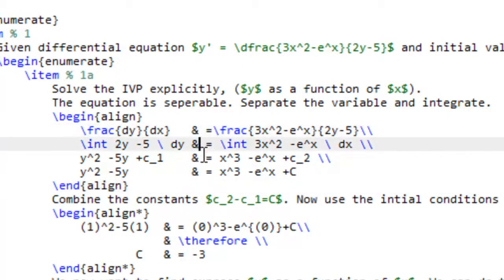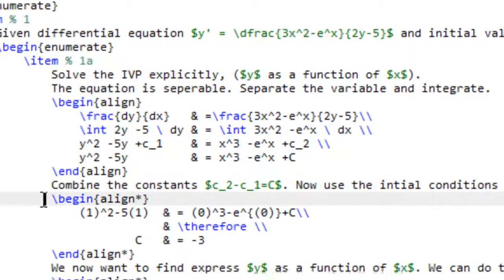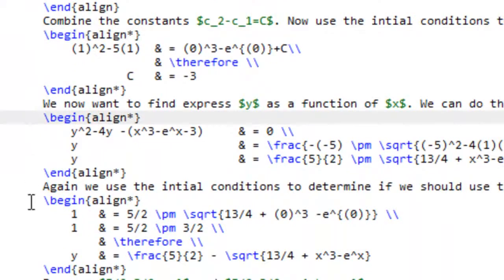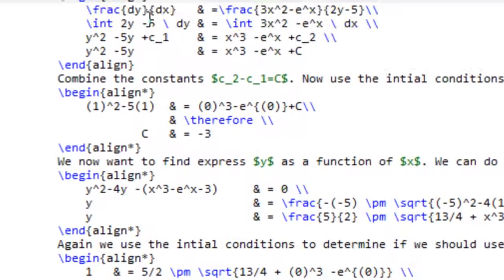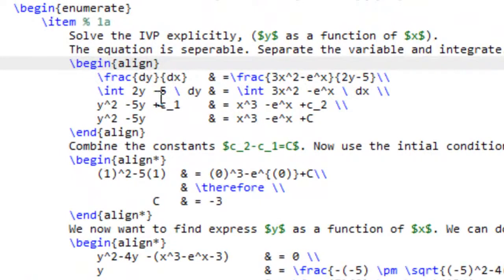The ampersand means line up here. The double backslash means break line here, and there's no line break on the last one. That's the general rule, and you'll see we did that here, and there, and there, and that's really all we used. But like I said, if there's a star, there are no equation numbers. If there isn't a star, then there are equation numbers.